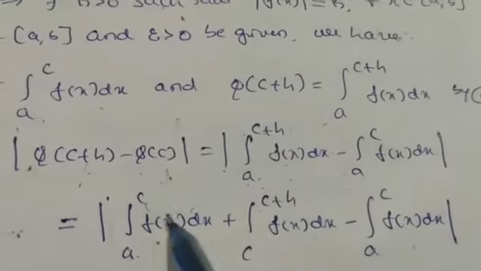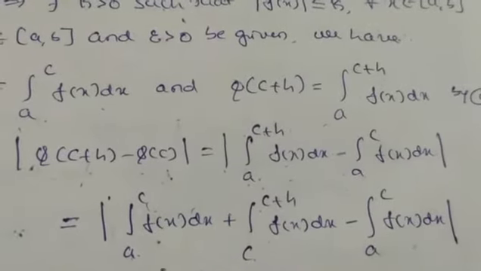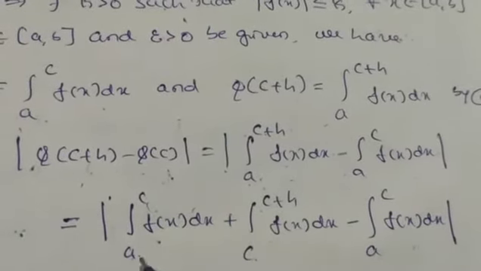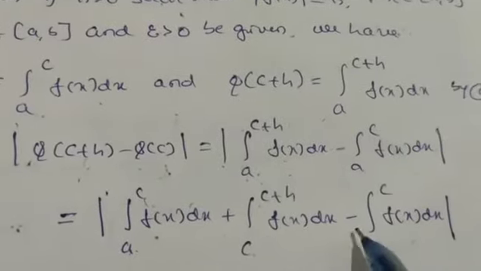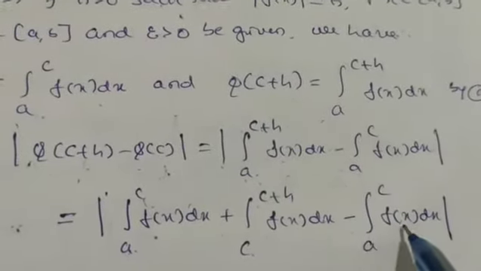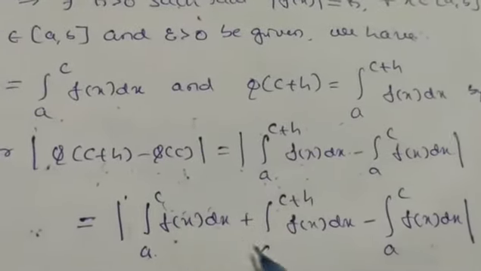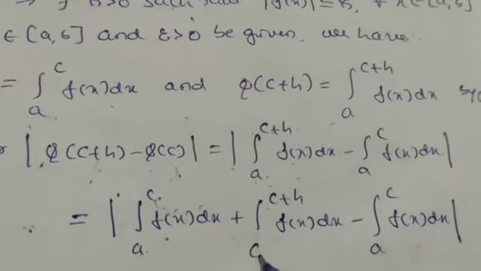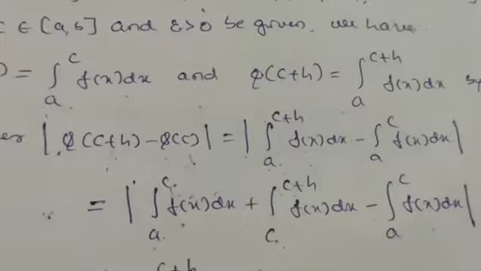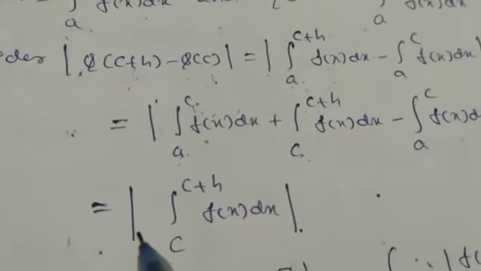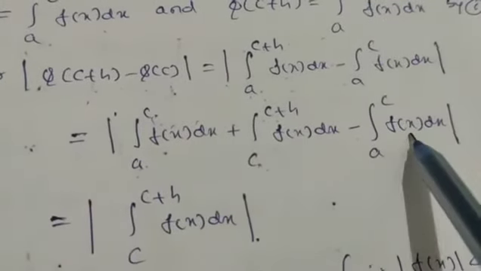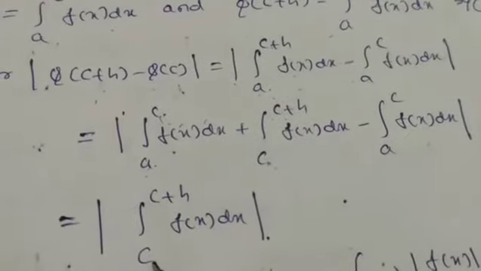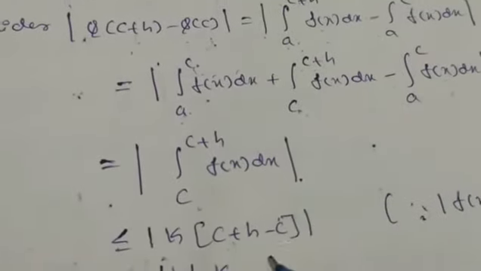This is a property of the definite integral. So the integral from c to c plus h is nothing but the integral from a to c plus h minus the integral from a to c. Those two terms cancel, leaving the integral from c to c plus h of f of x dx.